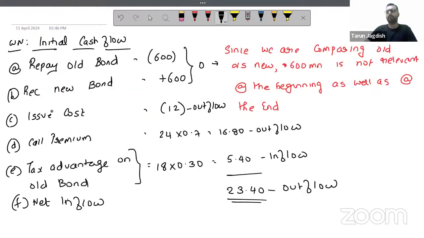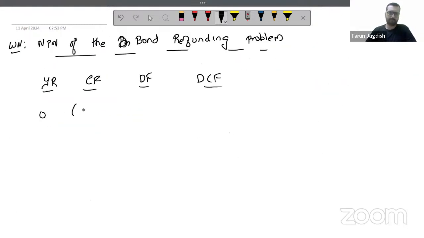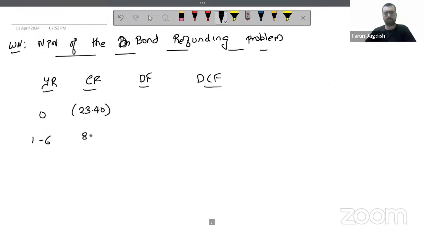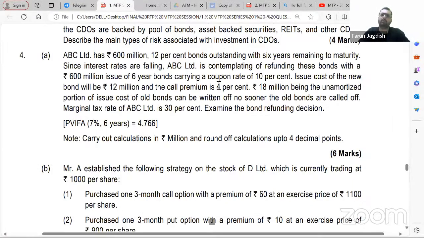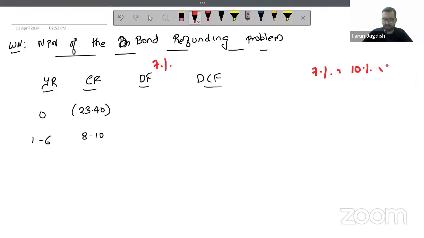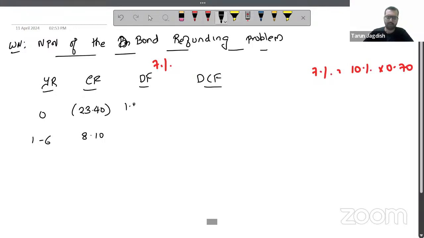Year 0, what is your investment now? 23.4. Year 1 to 6, how much are you getting over here? 8.10. Discount factor is not given in the question. So we will take the after-tax market rate. Market rate is now 10%. So my after-tax rate will be how much? 7% is nothing but 10% into 0.7. All right. So here it will be 1.